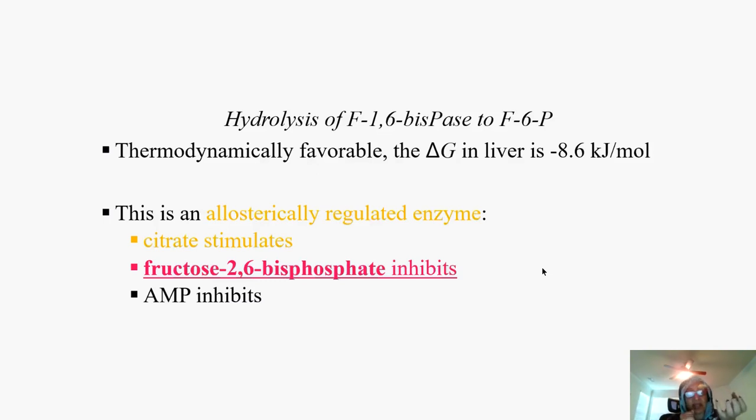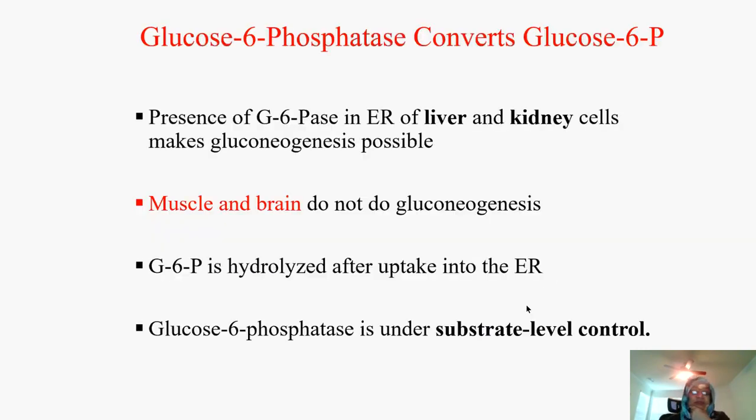So glucose level inhibits gluconeogenesis, energy level stimulates gluconeogenesis, and these are the two major umbrellas under which you should be able to answer any question. If you know those two concepts, you can just apply all the other molecules as regulatory molecules.